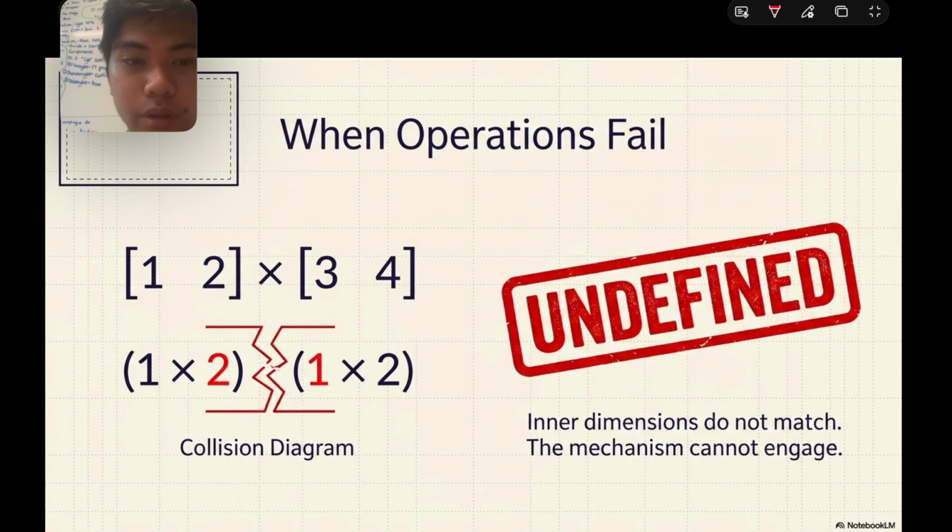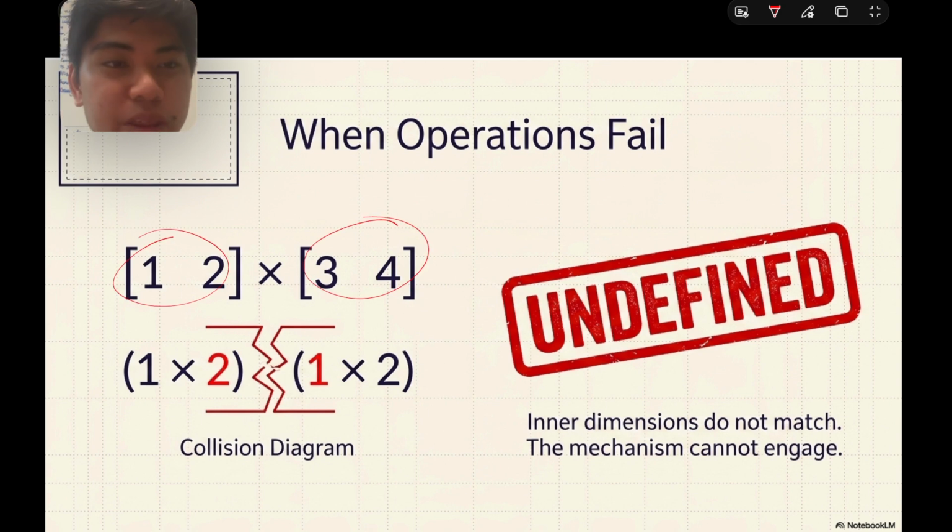So what about when these operations fail? This is also a common mistake. People say, okay, these are the same dimensions, so I can multiply them. That's wrong, because you should always write your dimensions out. You have a 1 row by 2 column matrix, and then another 1 row by 2 column matrix.